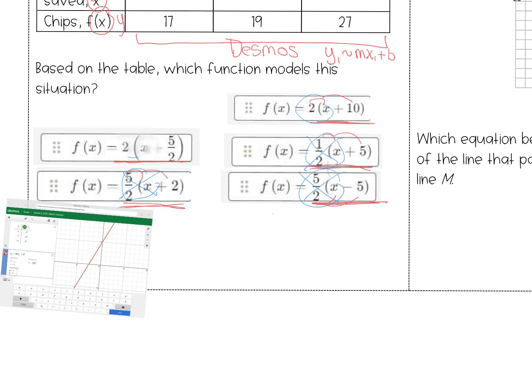So if I erase for a quick second to the two options it could be, and I look at them, when I distribute this, I will get a 2x. And no, you guys don't love fractions, but you can type 2 times 5/2 in a calculator, and it's going to get you 5. But even if you didn't want to do that, this one gets me my 2x, but this gets me a plus 20, and this one can't be right. So this first one right here is the answer. Again, you can take each one of these things and type them into Desmos until you find the one that lines up with the red line that you can see on my Desmos screen.